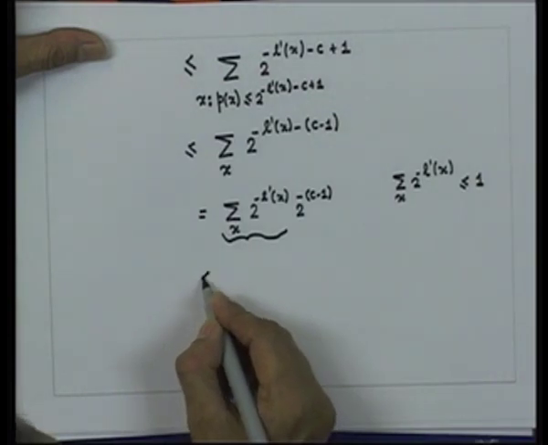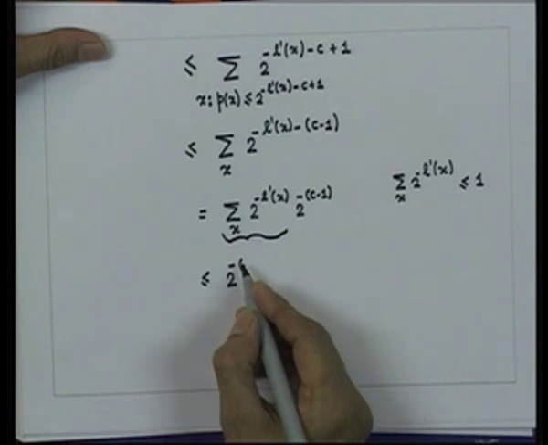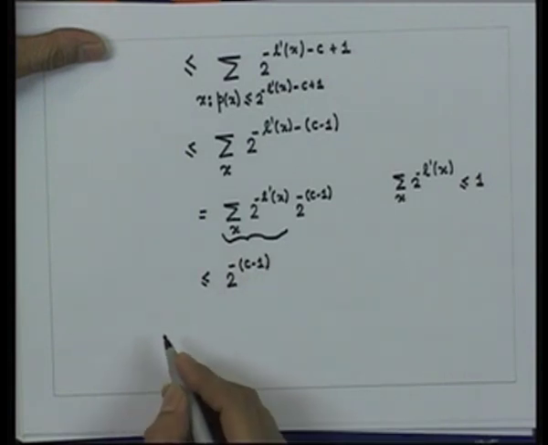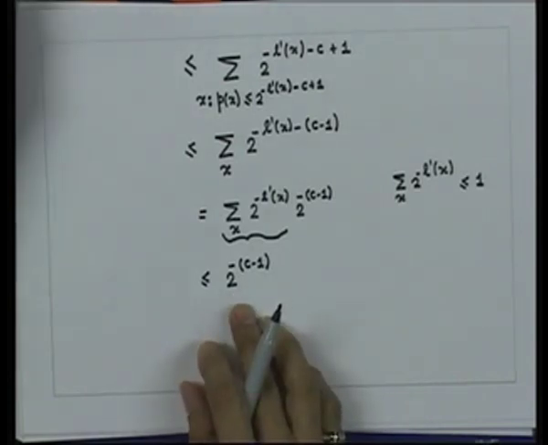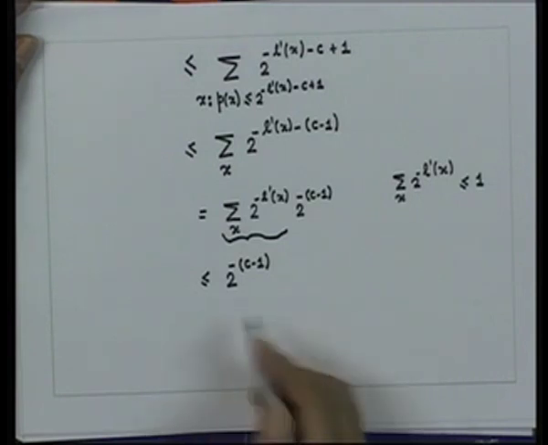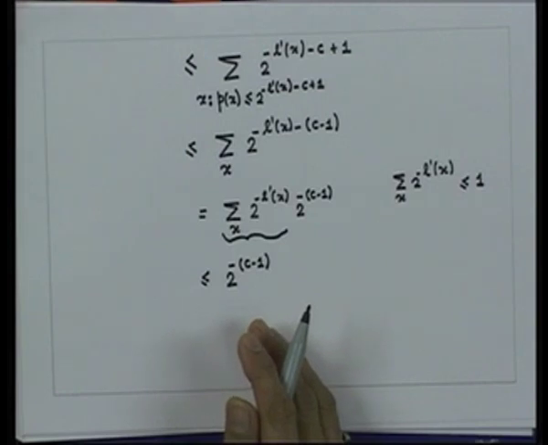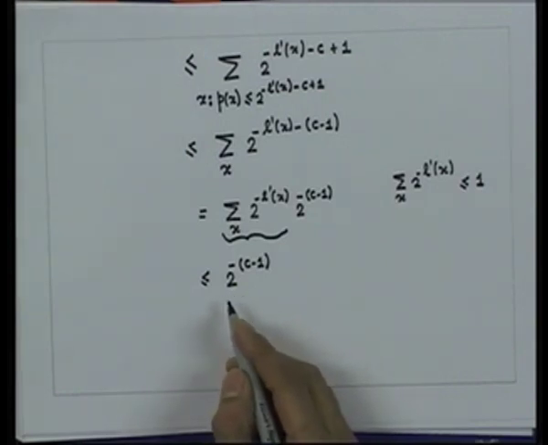So, what it implies is that this quantity is less than or equal to 2 to the power minus c minus 1. So, now we have proved that no other code can do much better than the Shannon code most of the time. So, it is a very important result.